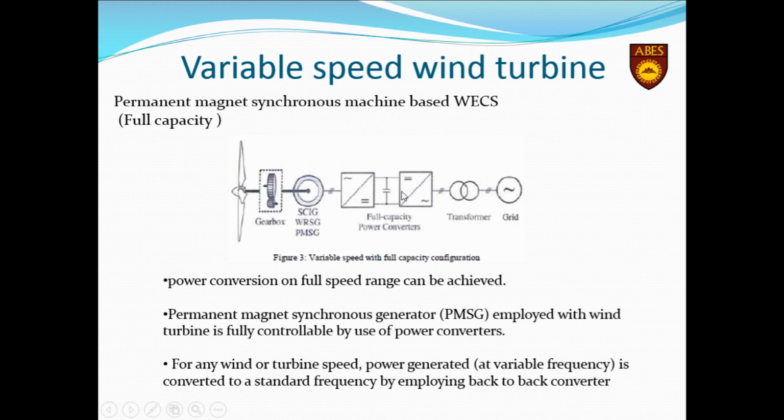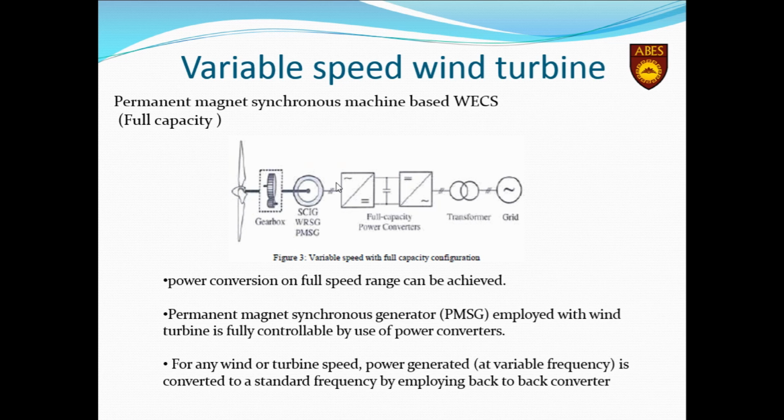As we can see, this is the DC link, this is at the wind turbine connection and this is at the grid connection. So the variable power from the variable wind speed is converted to DC power, then the DC power is regulated, and this regulated DC power is converted to AC power of a fixed frequency and fixed voltage and then fed to the grid.